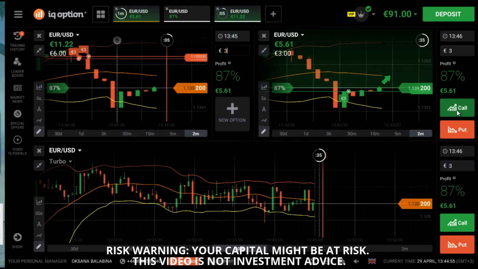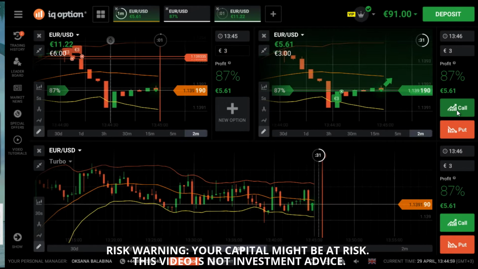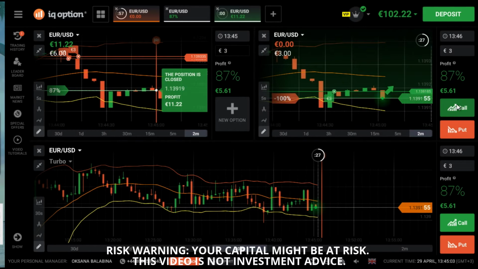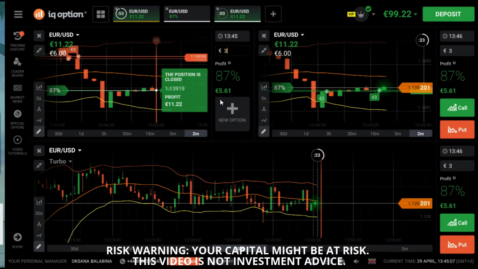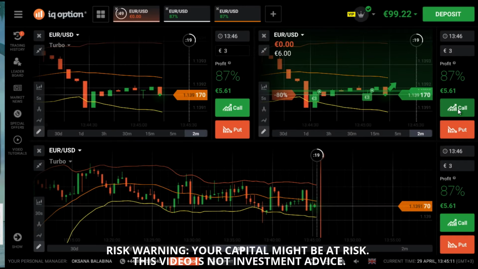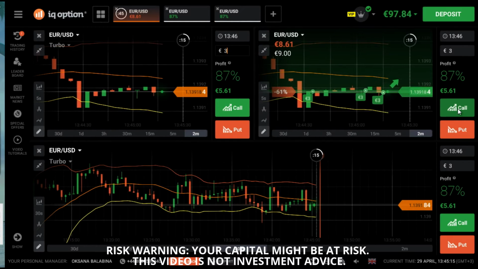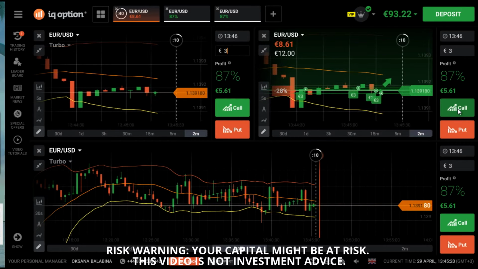You can use between 3% to 7% of your initial deposit, and it should work. But since I'm not sure what kind of chart I'm trading on, I'm using the minimum, 3% of the initial deposit.